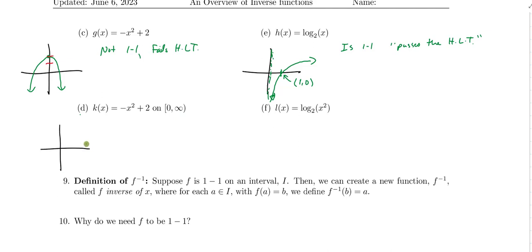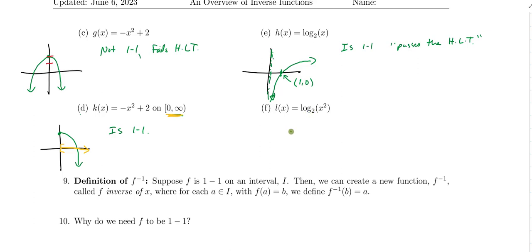And if we were to look at the graph of this function here, the graph of this function looks something like so, because we're only graphing it for x values that are positive. Remember, these are the places where x values are positive or equal to 0. That's the only portion of the graph that I graph. So even though this is a quadratic function, it is one-to-one, this restricted one.